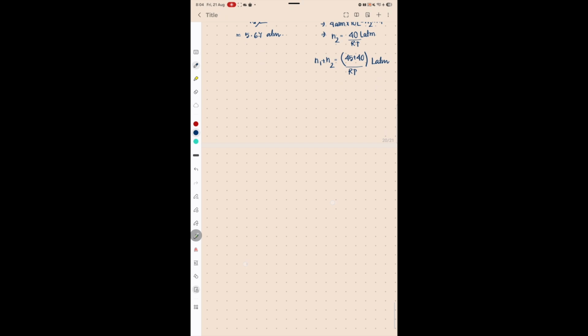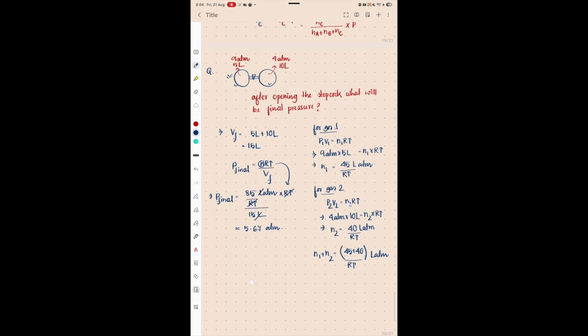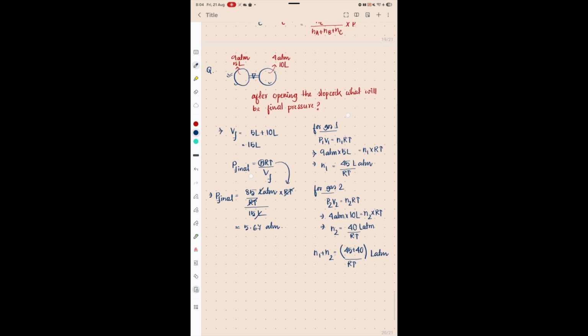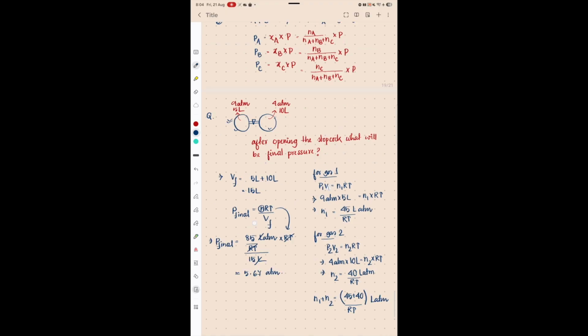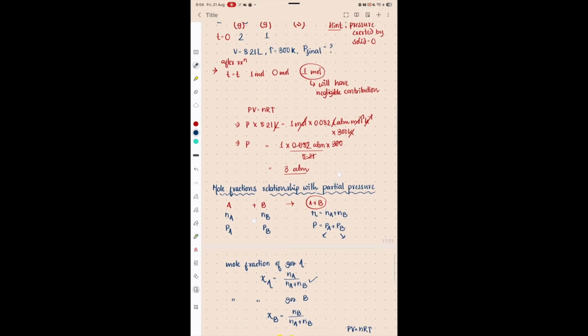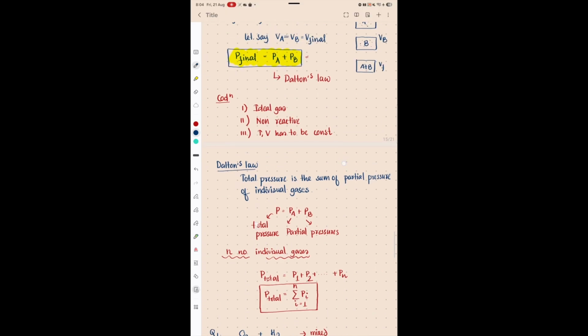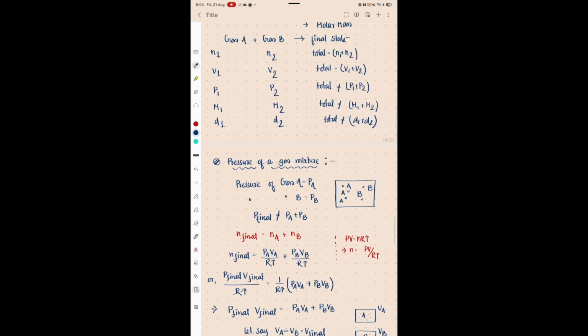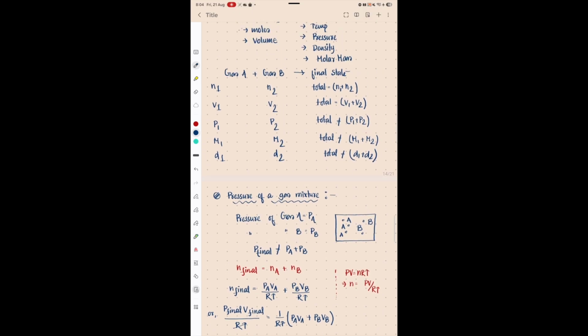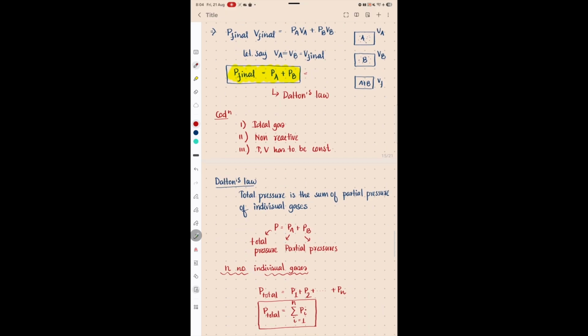So now what we have done, the partial pressure, sorry, the final pressure, and your mole fractions, right? So this is done, right? Partial pressure is done. Now what we have to do, we have to find the relation for molar mass of the mixture, right?